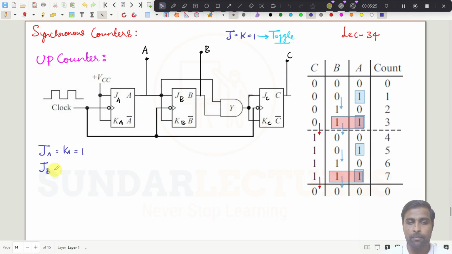So JB, which is equal to KB, what is the input I am getting here? This is A, right?